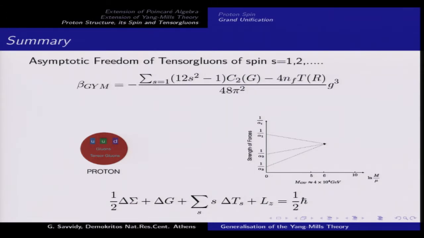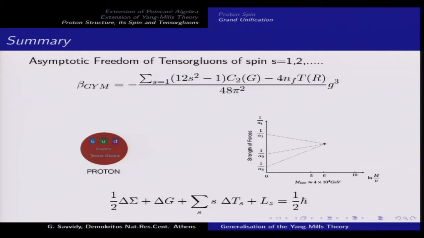So the first statement is that we have the beta function which includes the contribution of tensor gluons, which is written here. We suggest that some part of the momentum, which we think is carried by the gluons, is actually divided between gluons and tensor gluons. So therefore, I show the proton with some density of tensor gluons.